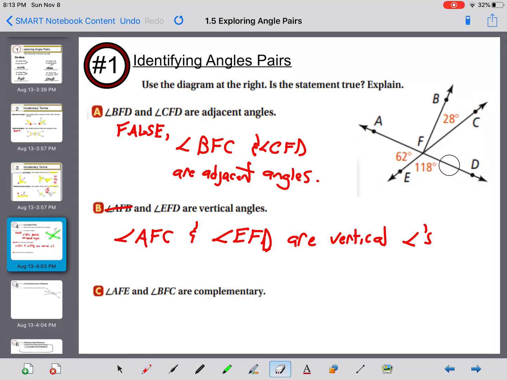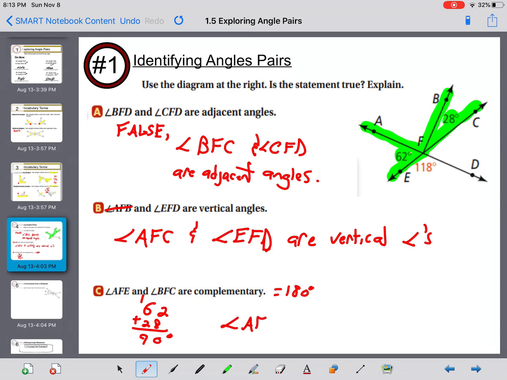All right. Your last one, AFE and BFC, are complementary, which means they equal 180 degrees. Well, AFE is 62 and BFC is 28. Well, 62 and 28 makes 90.